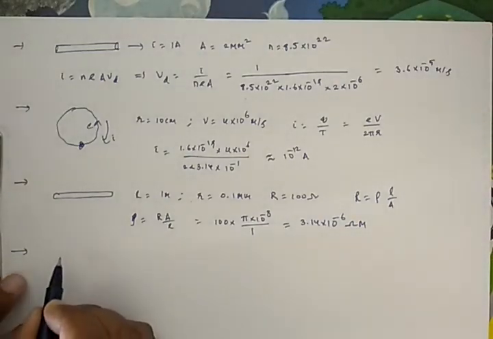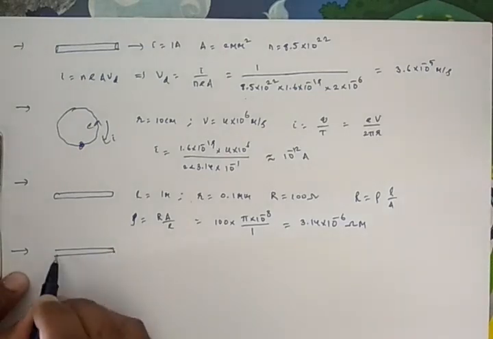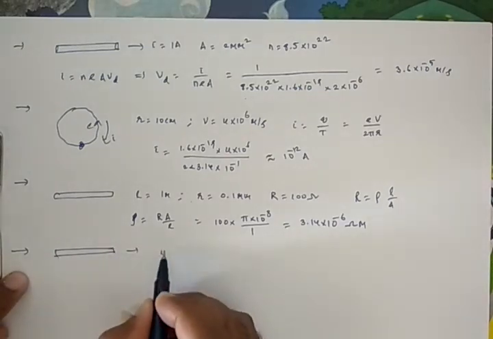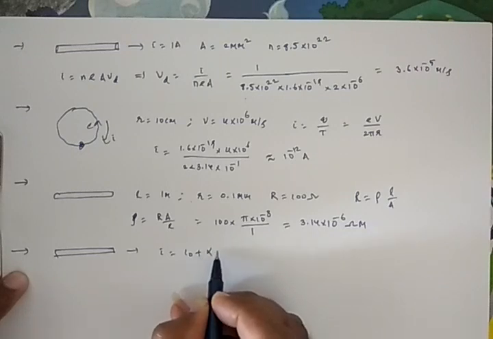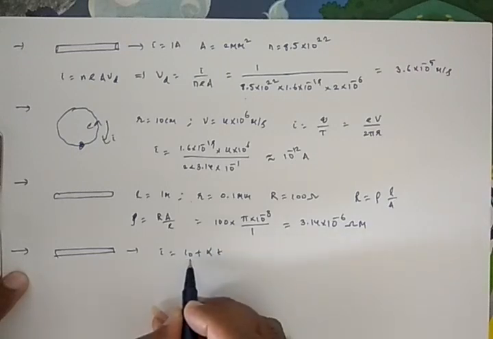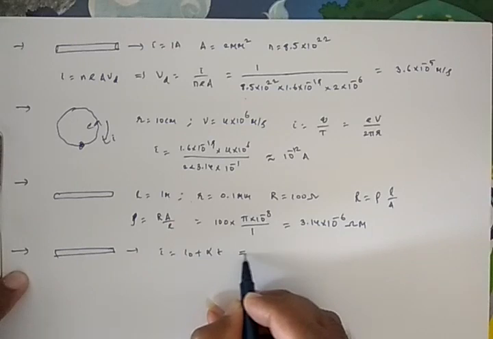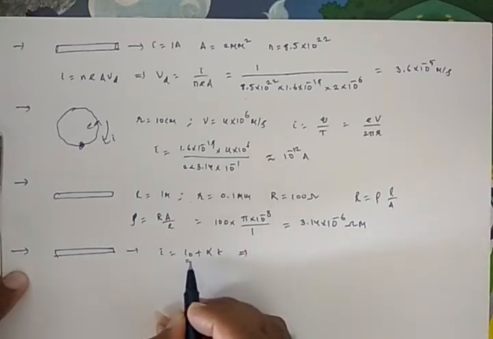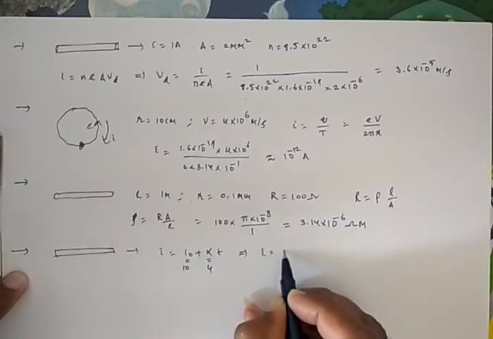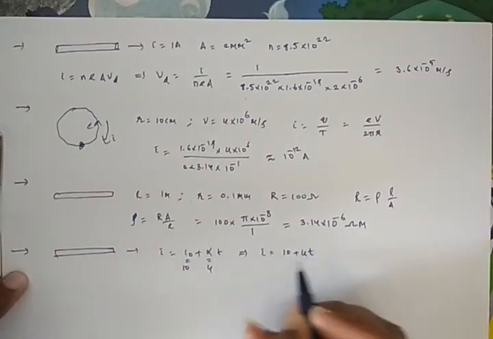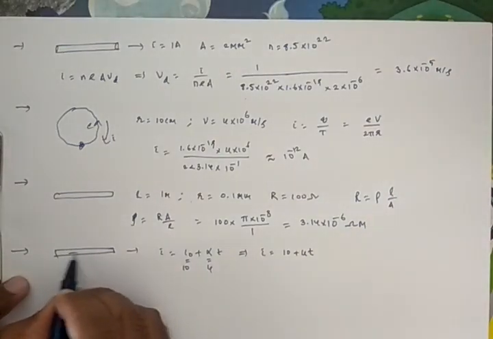So now this is the wire, and current going through this wire is given by this equation, I0 plus alpha t, and the I0 value is given and the alpha value is also given. I0 is 10 ampere and alpha is 4. Then your I becomes 10 plus 4t. This is what your current is, the current going through this wire.